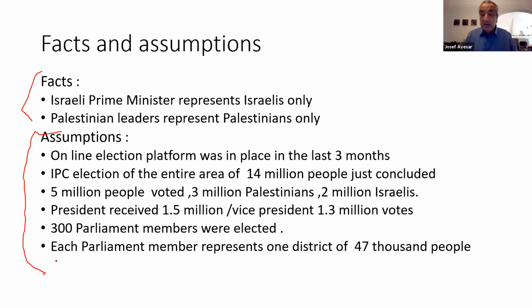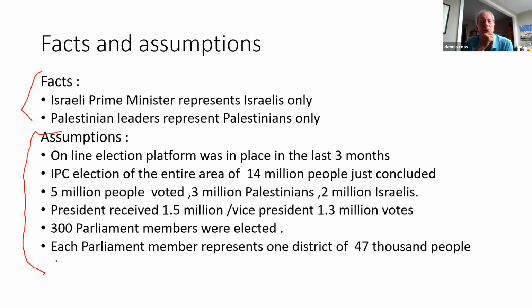She received 1.3 million votes, and we will rotate in 2 years. I will become vice president, she will become president. You will also have to assume that 300 parliament members were elected, some Israelis and some Palestinians. And each parliament member represents 47,000 people. Does anyone have any questions regarding those assumptions?